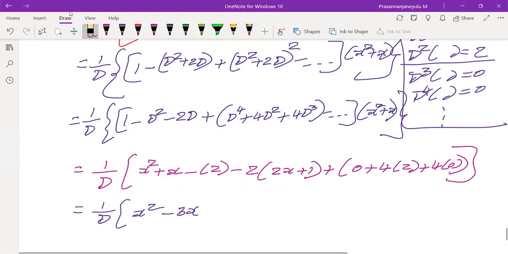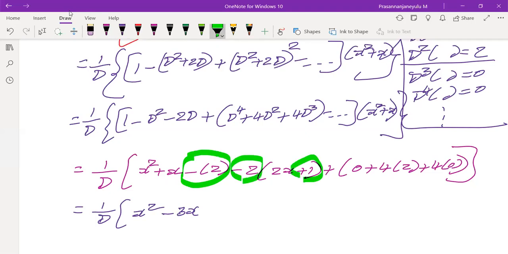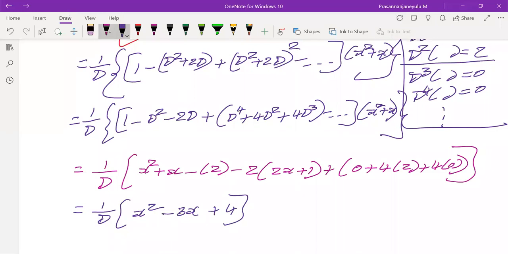For that, observe here: it is minus 2, minus 2 into plus 1 is minus 2, minus 2 is minus 4, minus 4 plus 8 is how much? Plus 4. So we have to take that plus 4. Here it is plus 4. This is our yp. Is it yp?